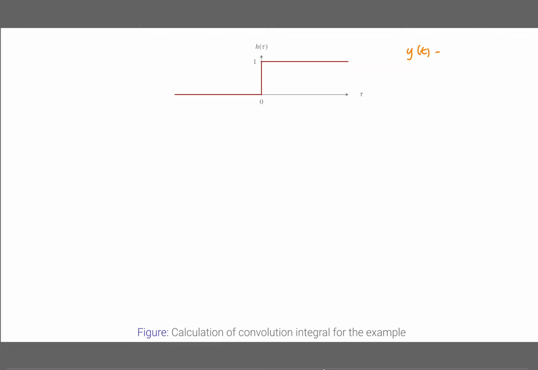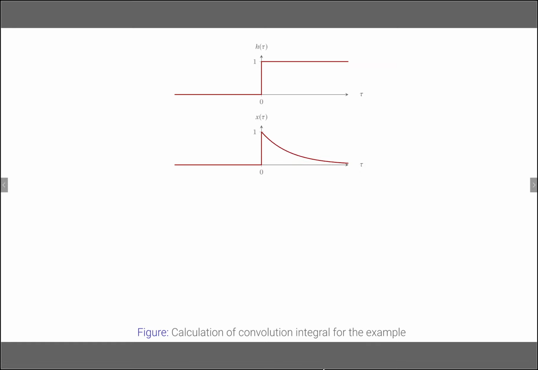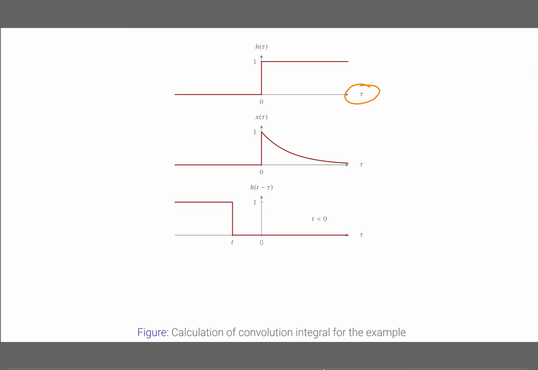y(t) equals integral from minus infinity to infinity x(τ) h(t − τ) dτ. Then we have x(τ) and h(t − τ). So when you represent h(τ) like this, you have to reflect it at the time origin to get h(−τ), and then t is a constant, so t is here.